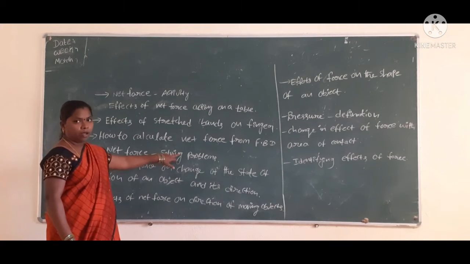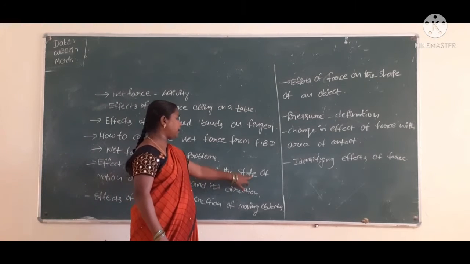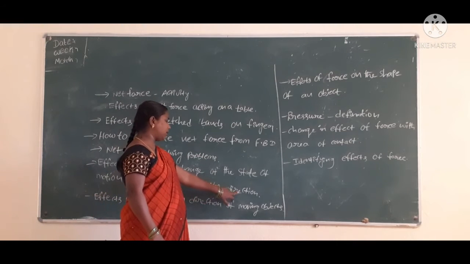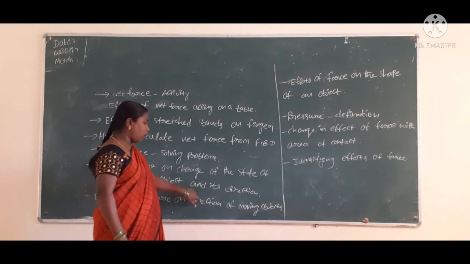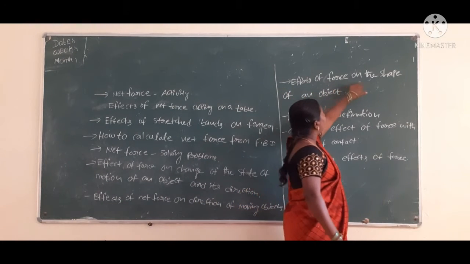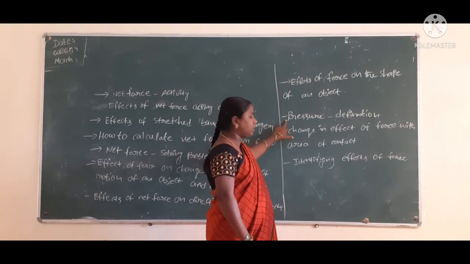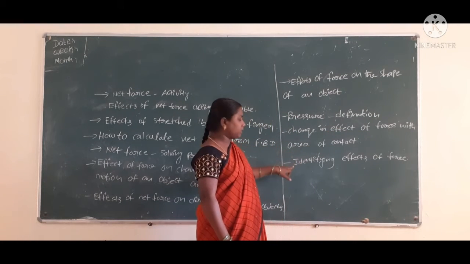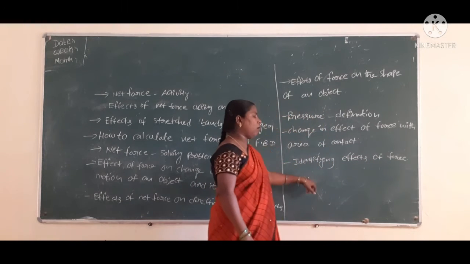Net force solving problems, effects of force on the change of the state of motion of an object and its direction, effects of net force on the direction of a moving object, effects of force on the shape of an object, pressure definition, change in effects of force with area of contact, and identifying effects of forces. Some assignments are given.